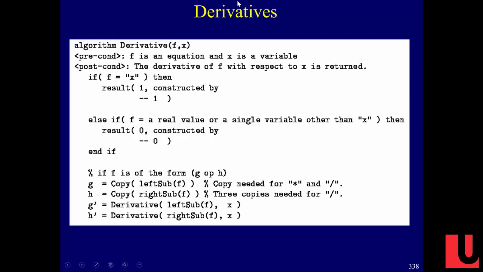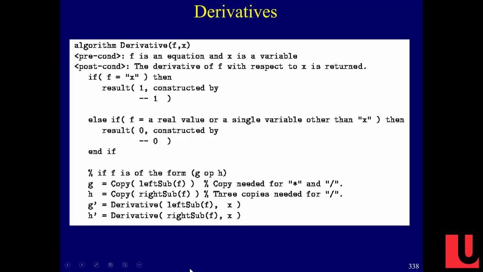So the answer is a tree structure that is just 1. So if f is any real value or a single variable other than x, then you return 0, because that's the derivative. Otherwise, now when we don't want to destroy f or have pointers into f, harvesting stuff out, cannibalizing it, we want our own derivative.